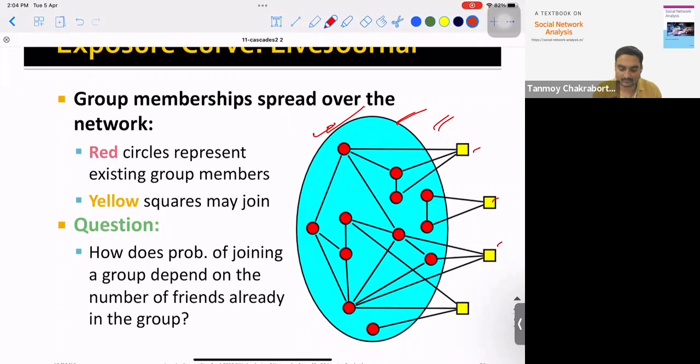And people basically studied what is the probability that a particular yellow node will join the group, given that say 6 of his friends or 10 of his friends have already joined the group, right? How does the probability of joining a group depend on the number of friends already in the group?